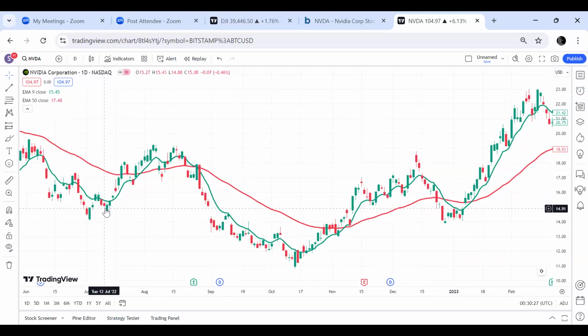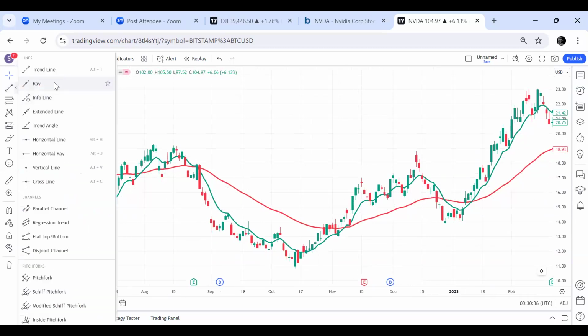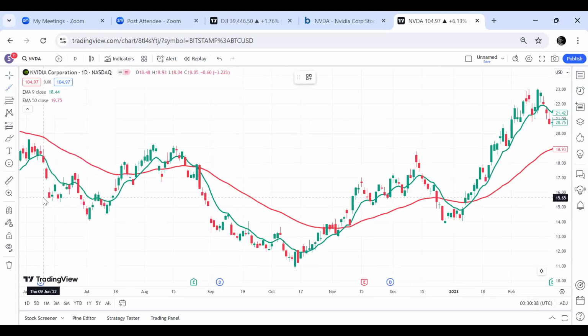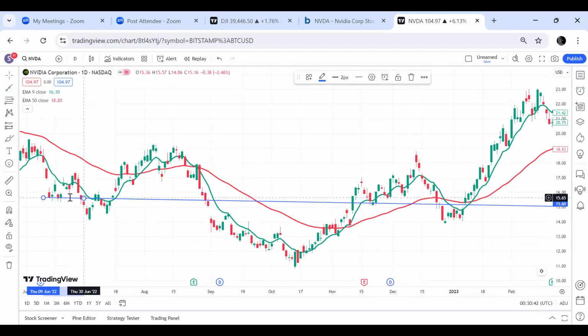Let us think we were here on 5th July 2022, at this point. So I want to take a trade at this point.